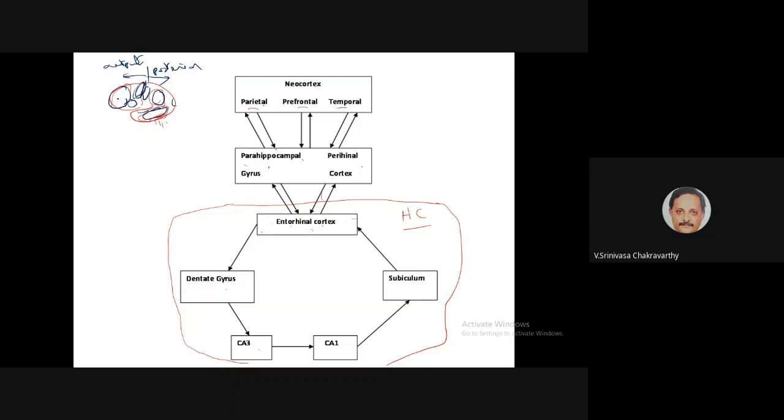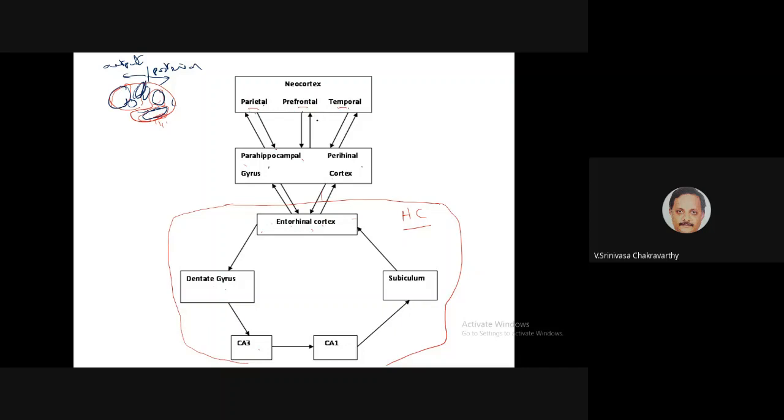On the motor side, it's more the planning areas of prefrontal, not the execution areas. These are the parts which send inputs to hippocampus. So these three areas correspond to higher level on the output side, which is planning, and higher level on the sensory side, which is higher order representations of sensory inputs.